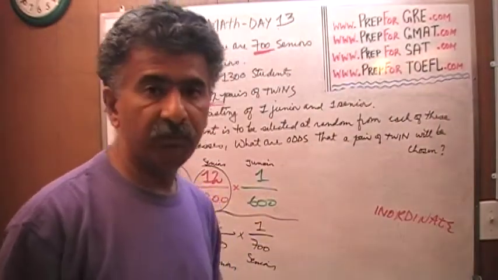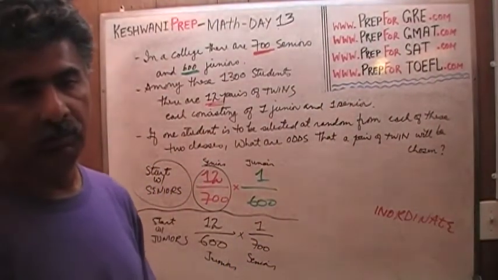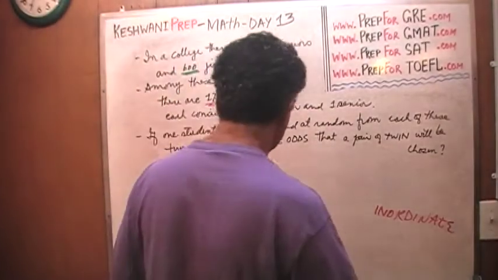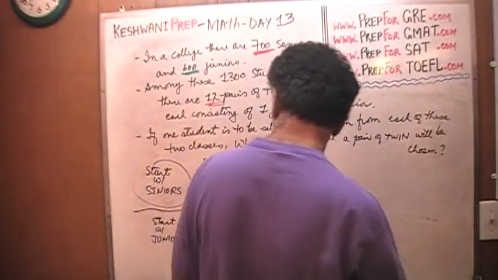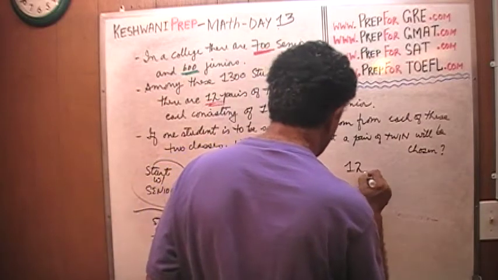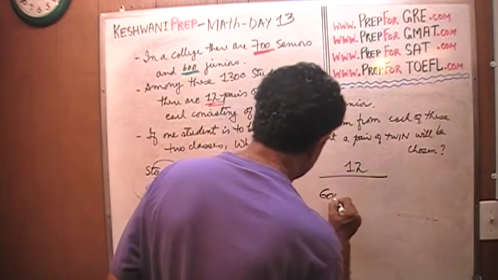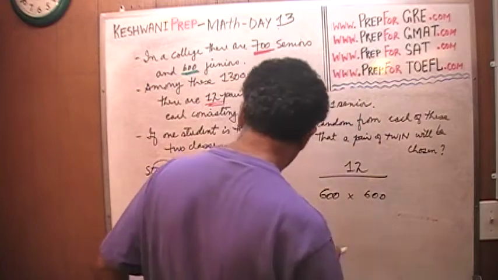So now you just have to simplify and match the answer choice to the one given in the exam. Let's do it quite fast. So 12 over 600 times 700.